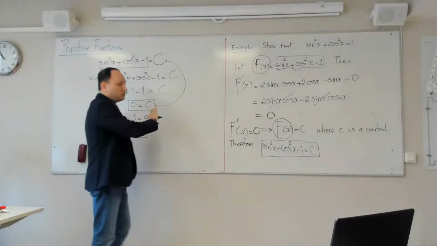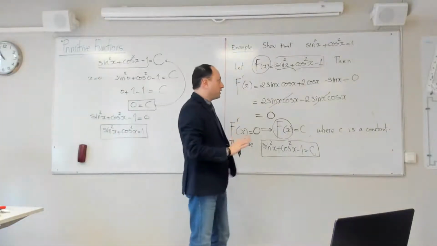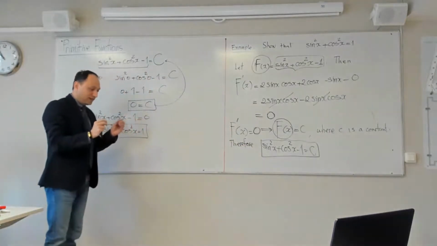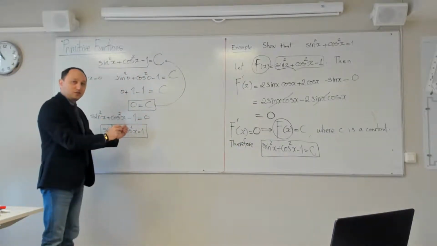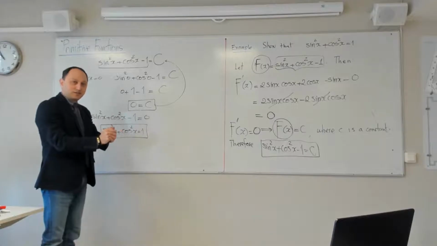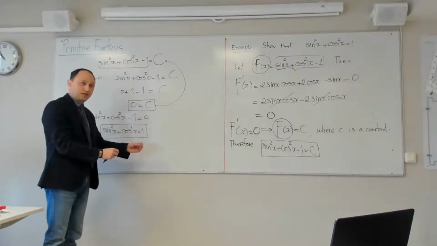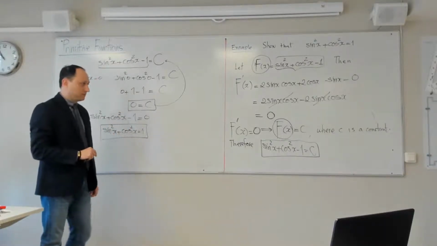Okay, but if you don't understand this, that's quite okay for me. Don't worry about that. But I think you need to know the constant. If the derivative is 0, the function is constant. This is not trivial, even though the other way around is trivial. If the function is constant, its derivative is equal to 0.